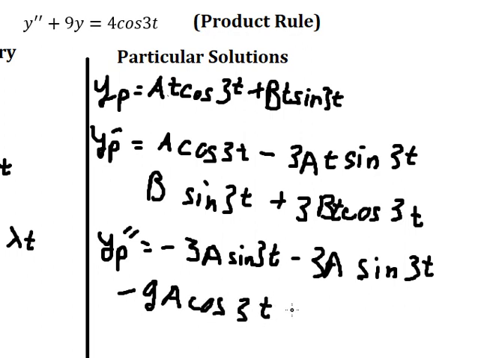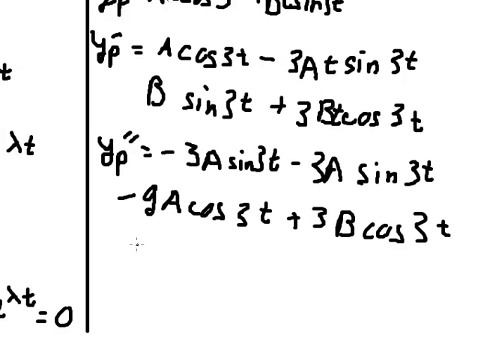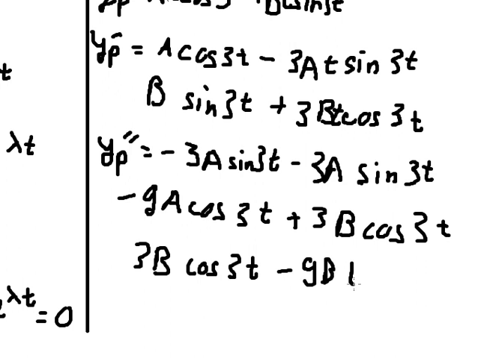Then we go to this one, so we have 3b cosine 3t. This one we have 3b cosine 3t. This one we have negative 9bt sine 3t. We need to put t in here.